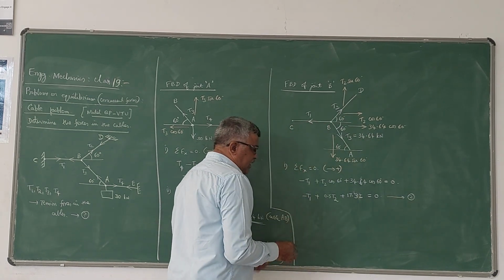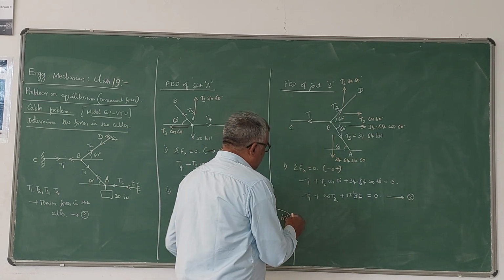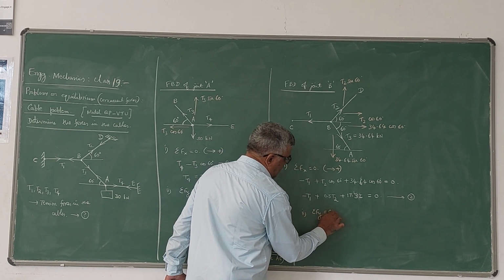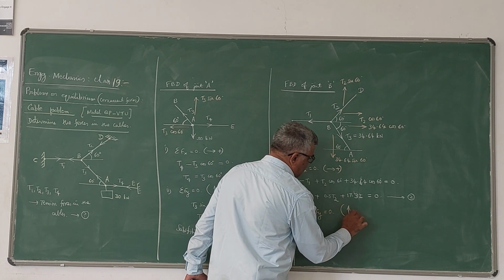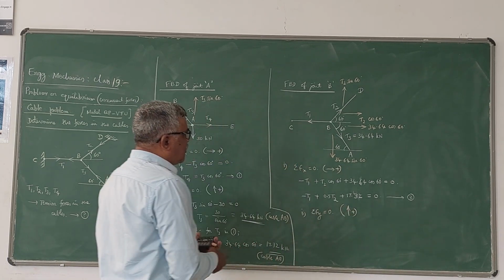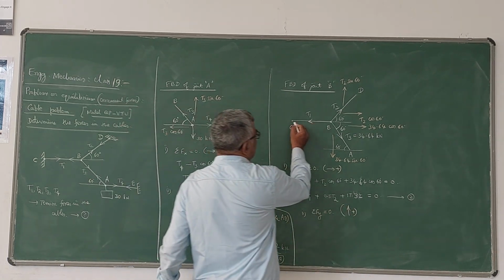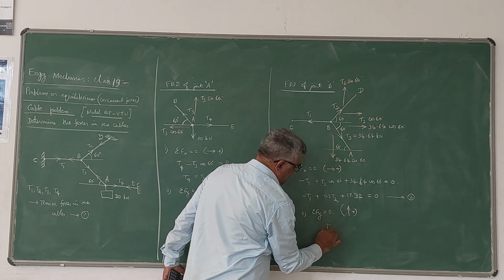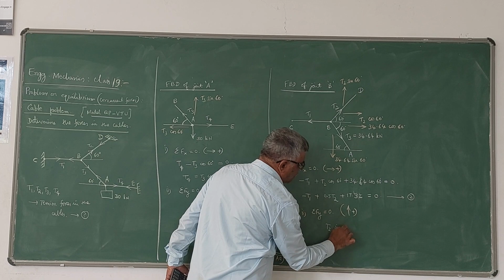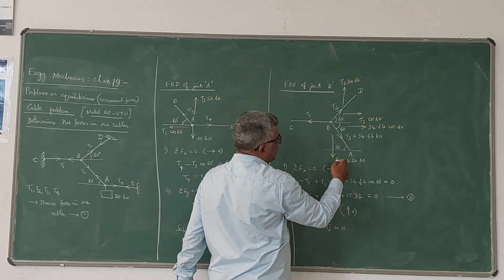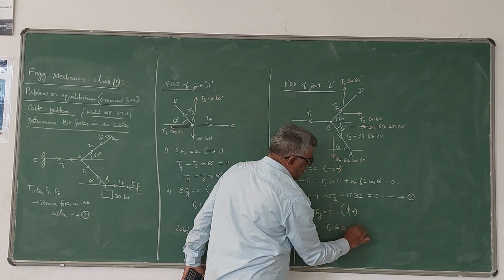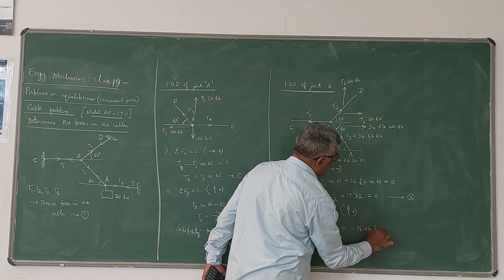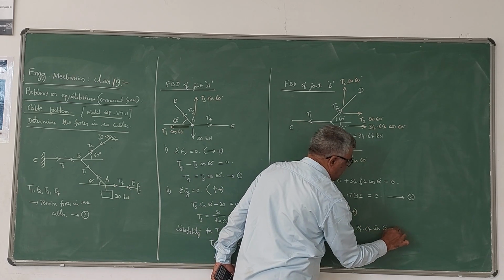Next, I will apply sigma Fy equals 0 at joint B, upward forces positive, downward negative. T1 doesn't have any vertical component. So T2 sin 60 is positive upwards, whereas this is negative: minus 34.64 sin 60, equal to 0.